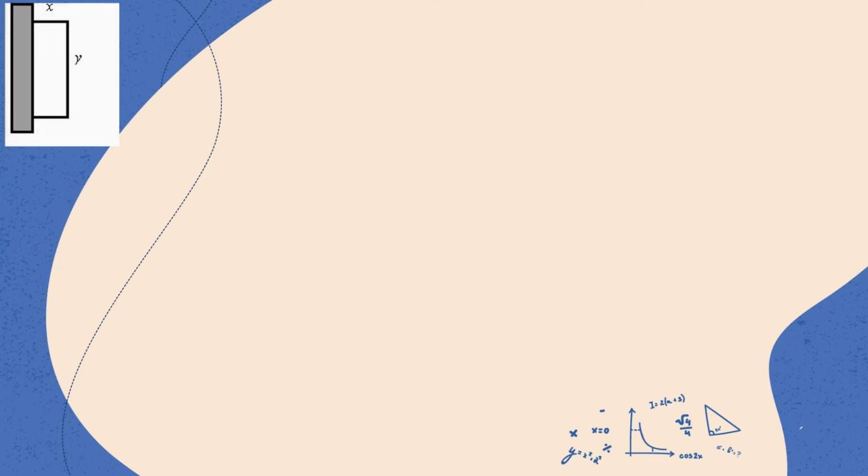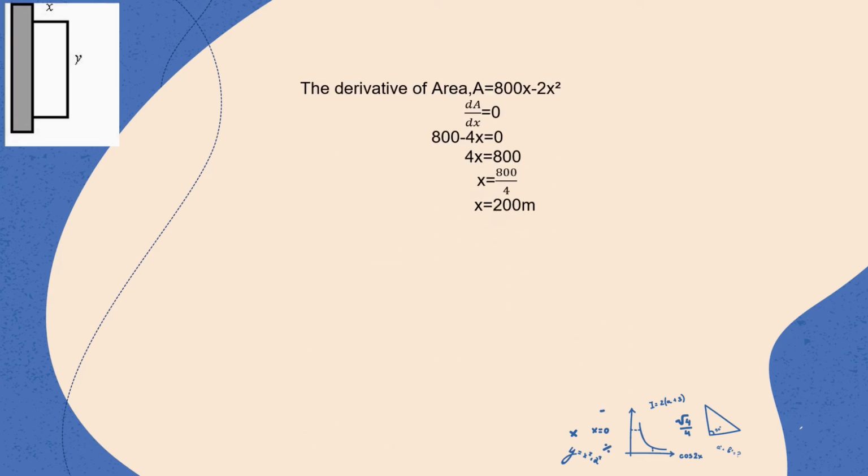Now we are looking at the next step. We are going to differentiate this equation with respect to x. So we get dA over dx equals 0, and the derivative of 800x minus 2x squared is 800 minus 4x equals 0.